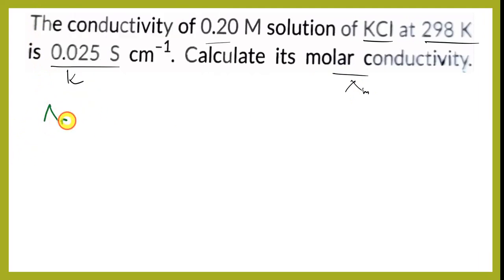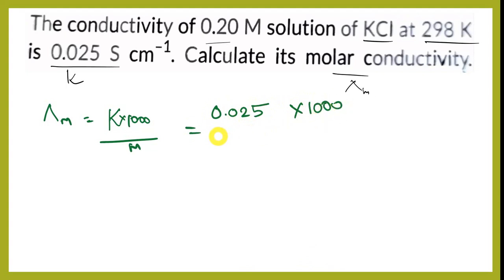Molar conductivity is equal to kappa into 1000 by M, the concentration. The value of kappa is 0.025 into 1000 by the concentration, that is 0.20, right?